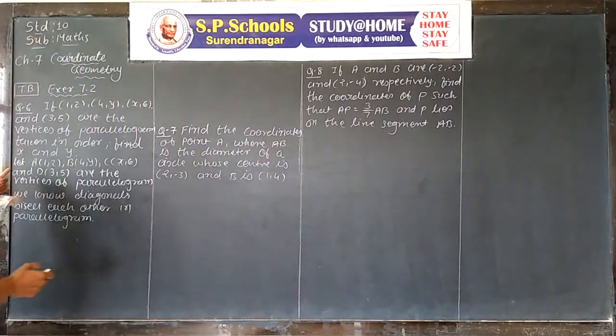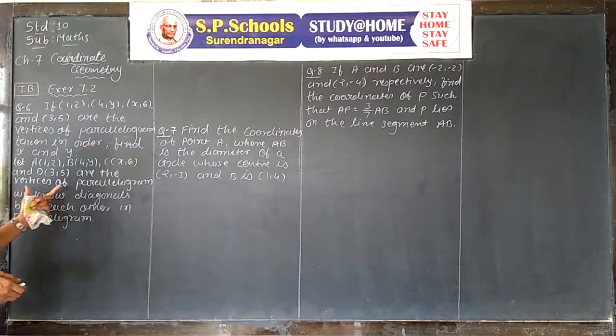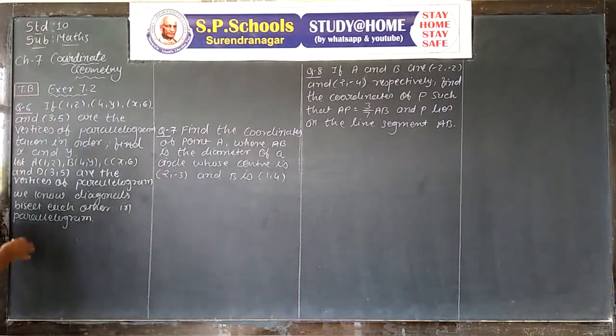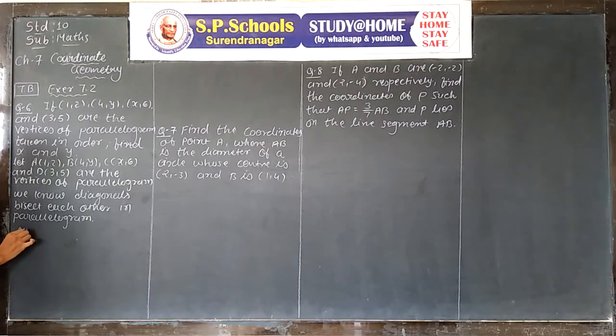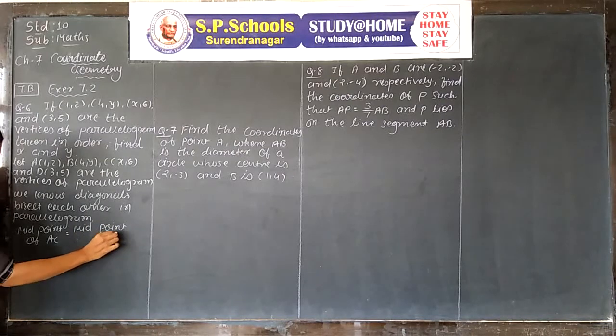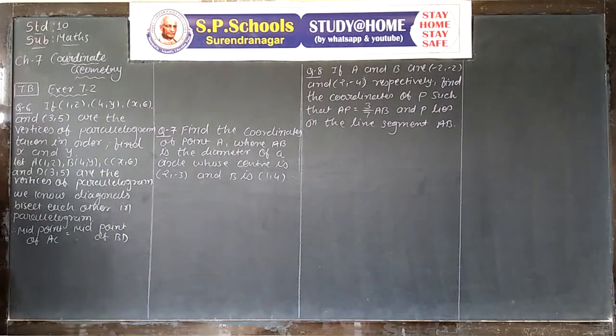Here ABCD is a parallelogram, that's why AC is one diagonal and BD is the second diagonal. That's why the midpoint of AC is equal to the midpoint of BD. AC and BD are two diagonals.